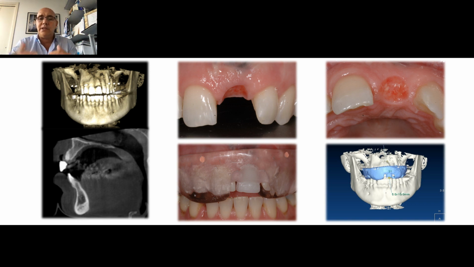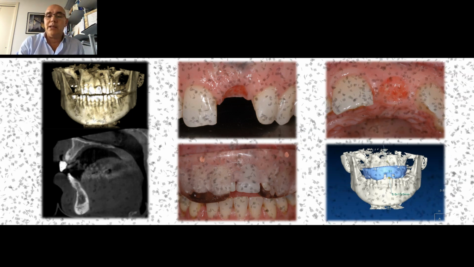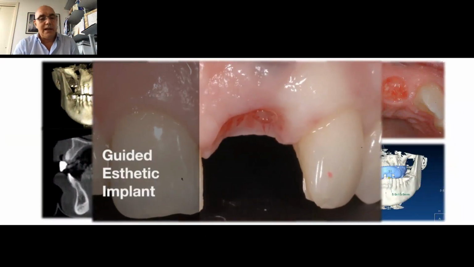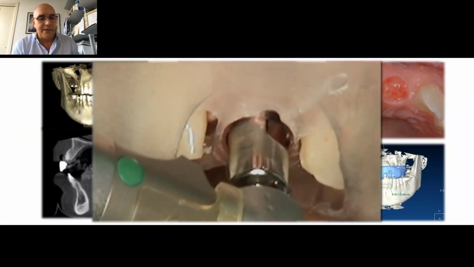The volume in the mesiodistal space is there. So why go back and do a conventional surgery? Why go back and open a flap? Completely unnecessary. So we do the study with the software, with the stent to do guided implant surgery. And now let's watch the video on how this guided implant procedure is performed.